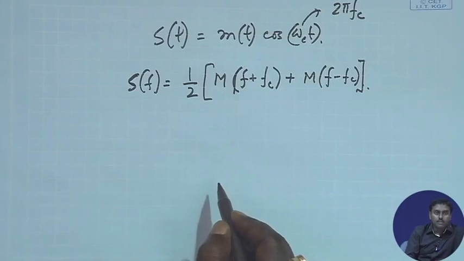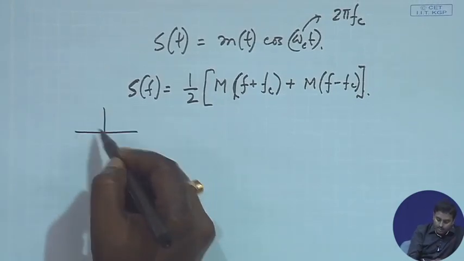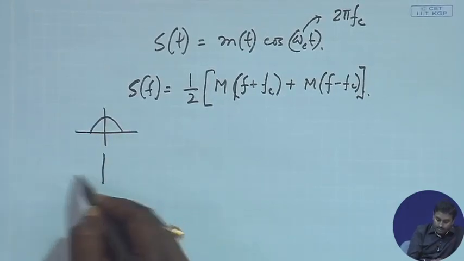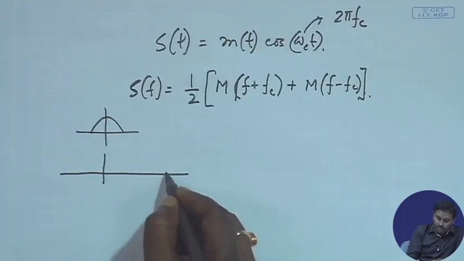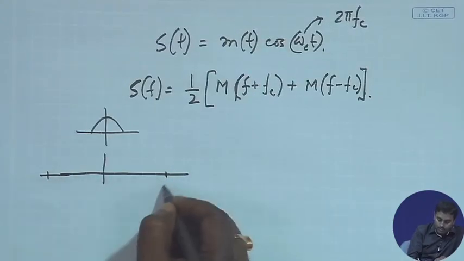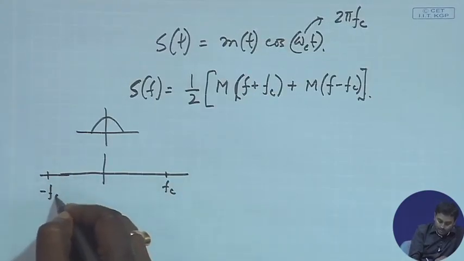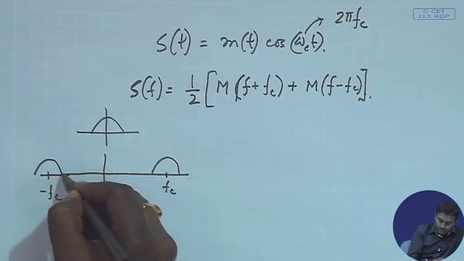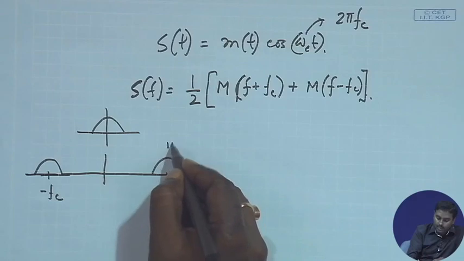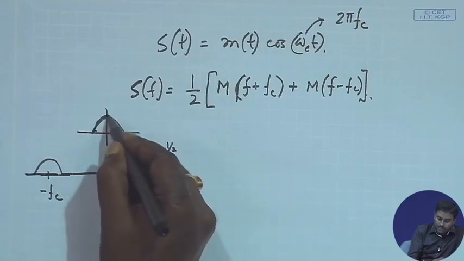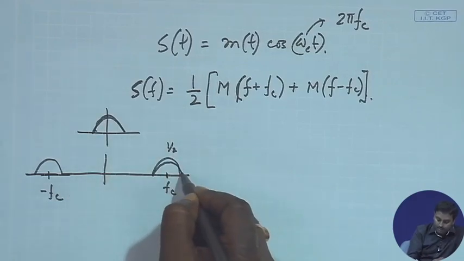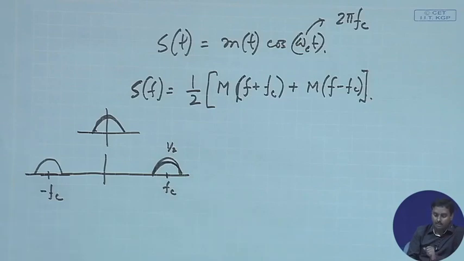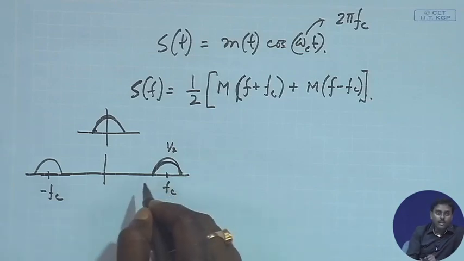So, how will the spectrum look? If I was having M(f) like this, whenever I modulate, that goes around f_c and minus f_c, and the corresponding strength becomes half. So, the amplitude will be half of that, but the shape will remain the same.